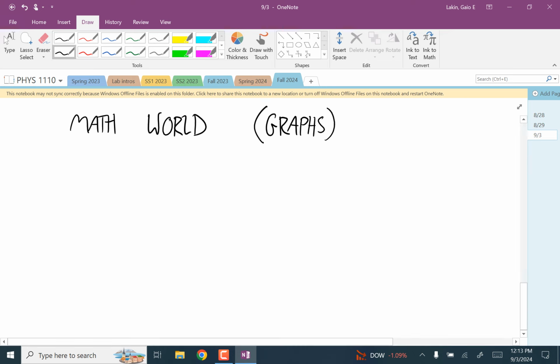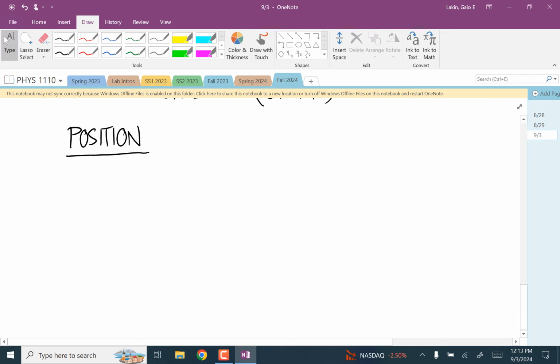Okay, so the first thing I want to get into is the definitions of position. So let's say there's a linear train track with a train moving along it.